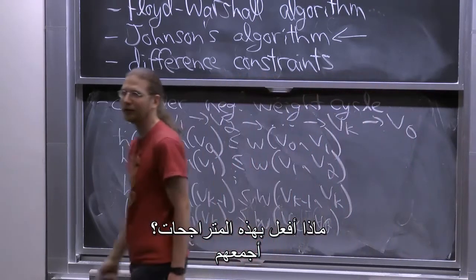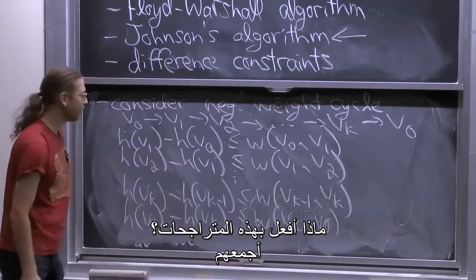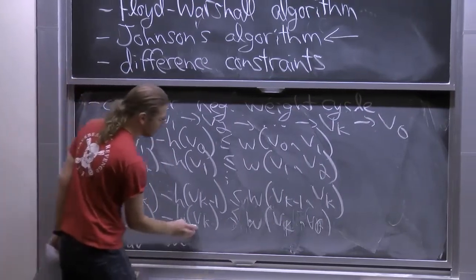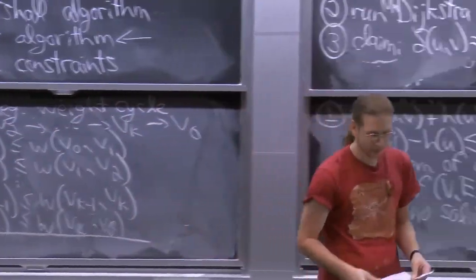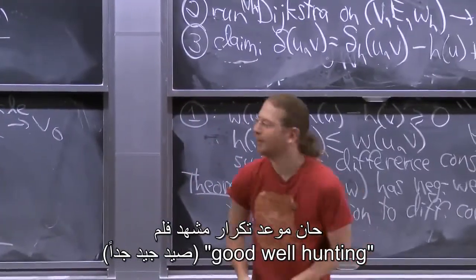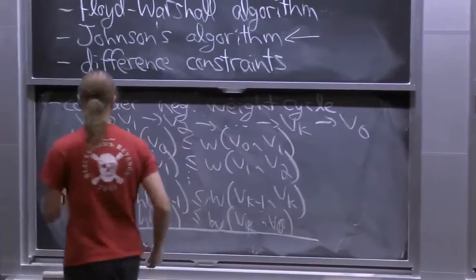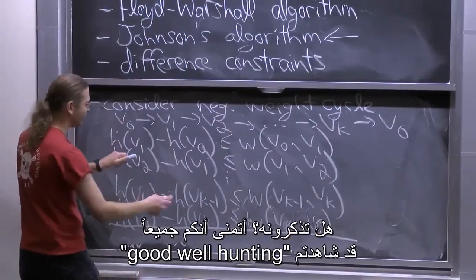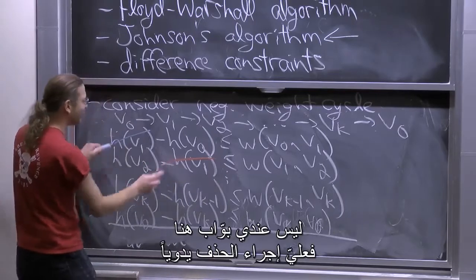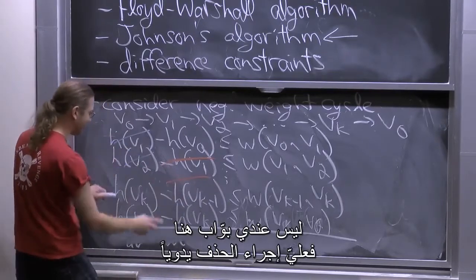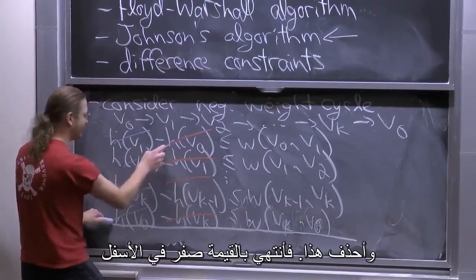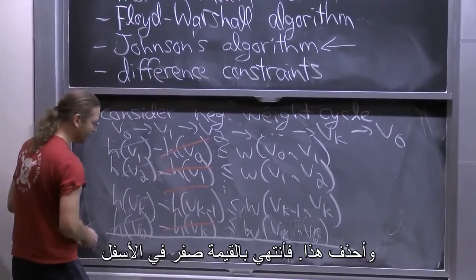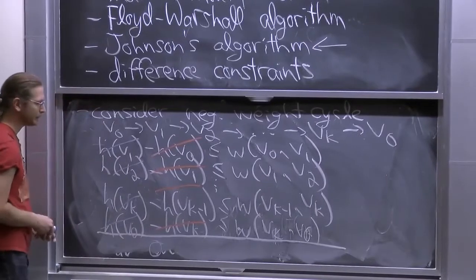What do I do with these inequalities? Sum them. Time for a Good Will Hunting moment. Do you remember? I hope you've all seen Good Will Hunting. I don't have a janitor here, so I have to do all the cancels by hand. And then this. So I end up with 0 at the bottom.